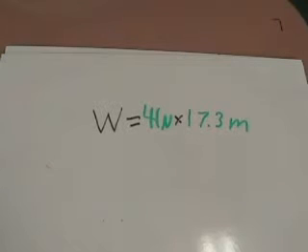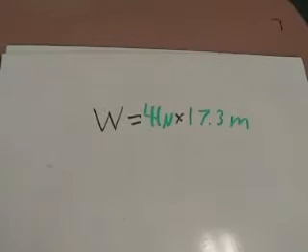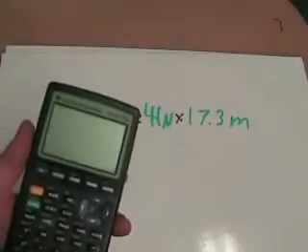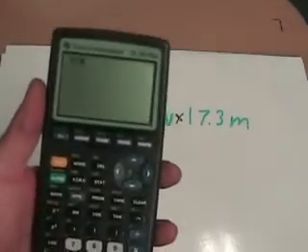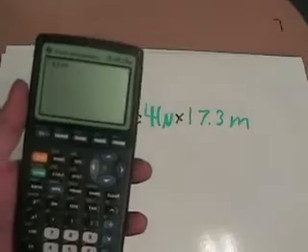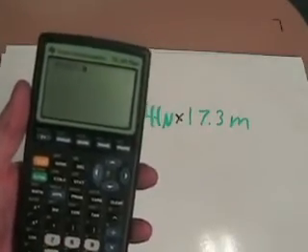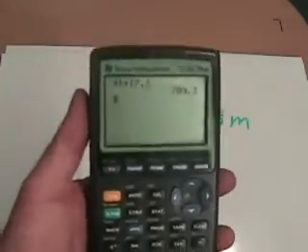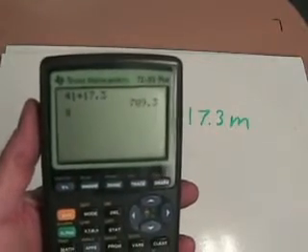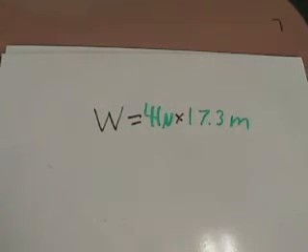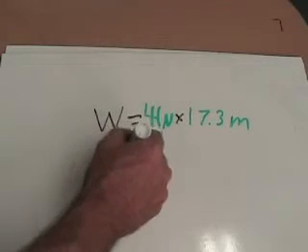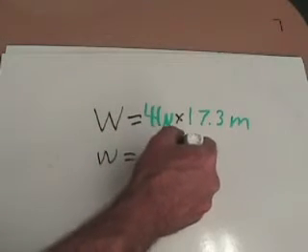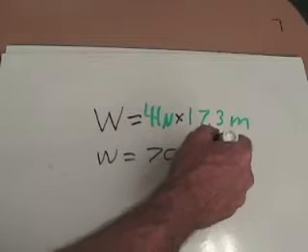So in this case, we simply have to multiply 41 times 17.3, and what I get is 709.3. Work equals 709.3.